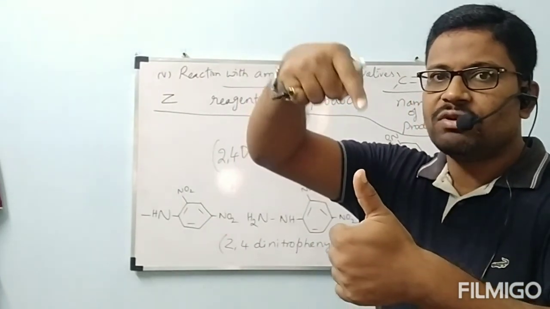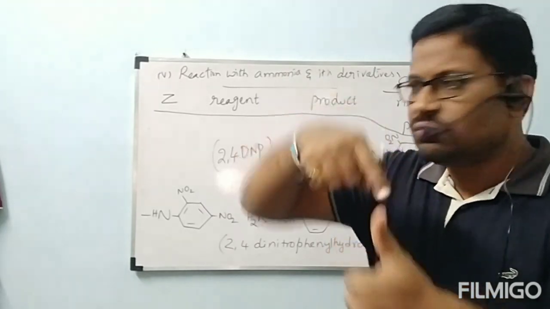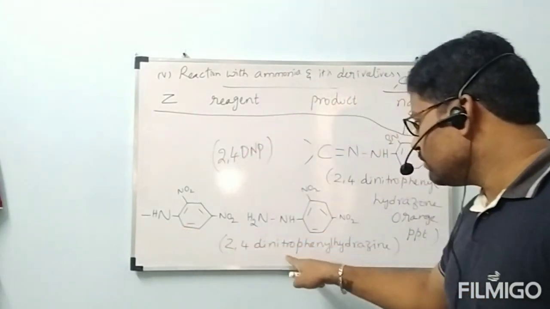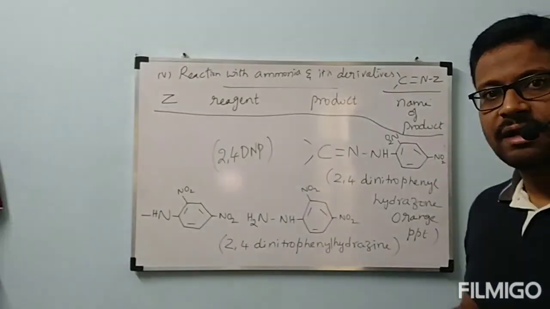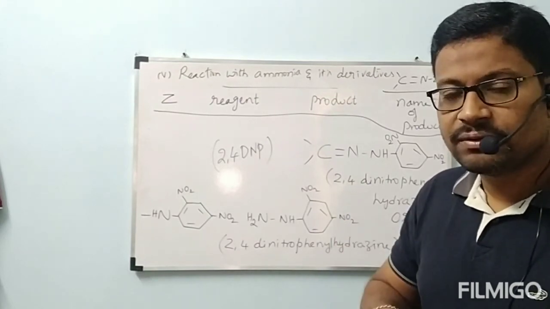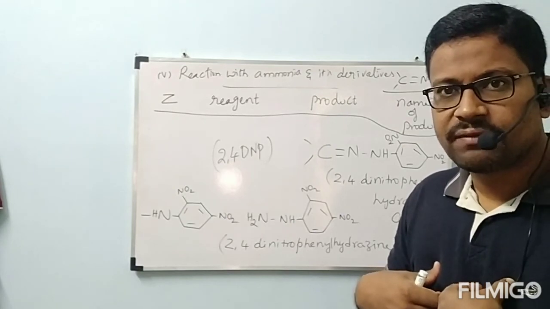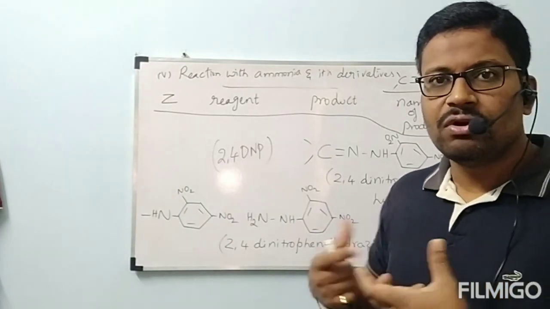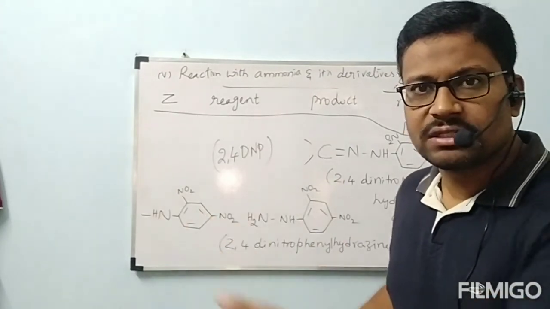When the 2,4-DNP is added, immediately that compound reacts with the 2,4-DNP to form 2,4-dinitrophenyl hydrazone. We will get orange precipitate. Then we will understand the given compound contains aldehyde or ketone. So we will do further tests for aldehydes or ketones. If you don't get this orange precipitate, we will go for another functional group.